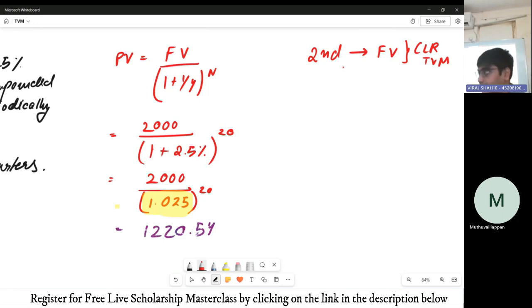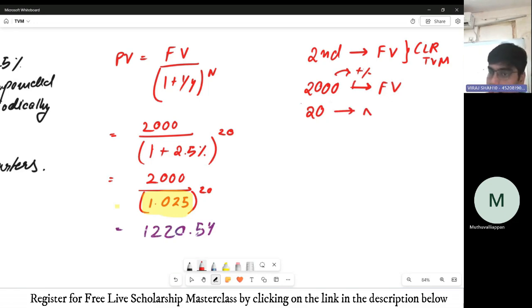You can enter in any order. ठीक है, there is no restriction, you can enter in any order, but I am entering FV first. 2000, press FV, it got stored as FV, then 20 नेगेटिव, करेक्ट, नेगेटिव कर लो, राइट, प्लस माइनस, ठीक है, और फिर प्रेस N. Okay, 20 you entered it as n.